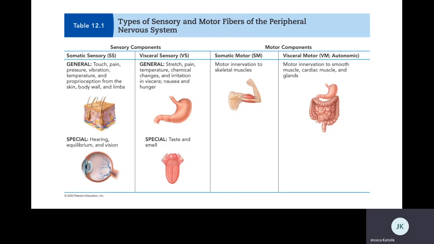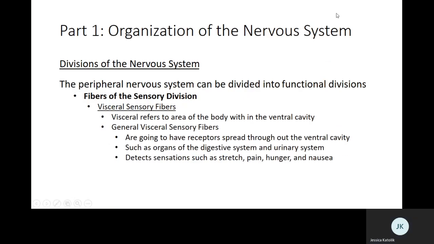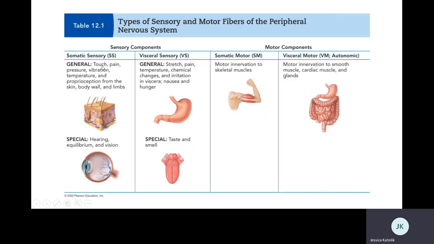There can be a subcategory called general, which goes to our skin, muscles, and joints, and feels things such as touch, pain, and pressure. General means it's found throughout a large area of the body.